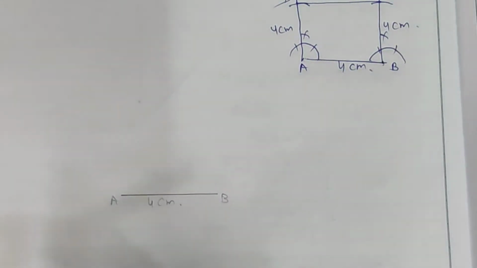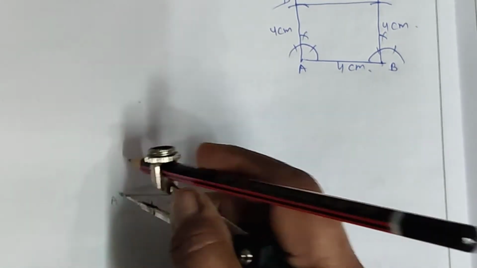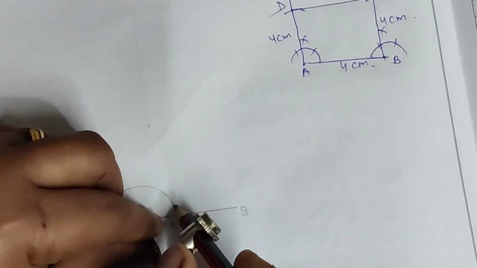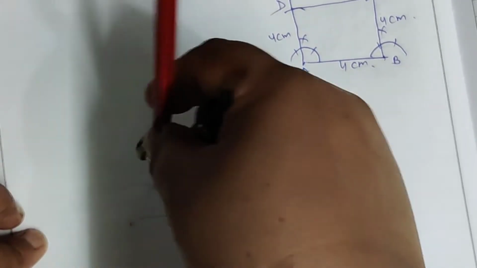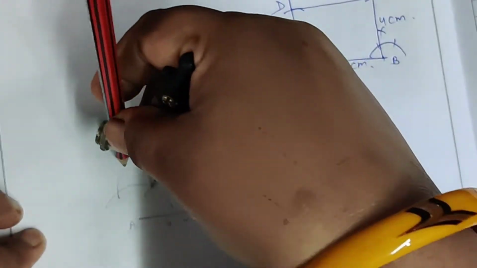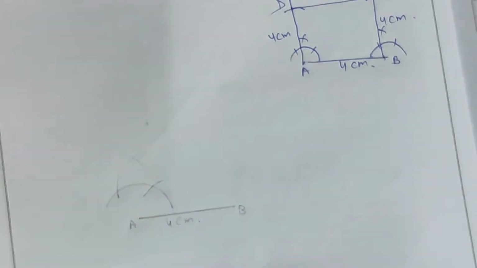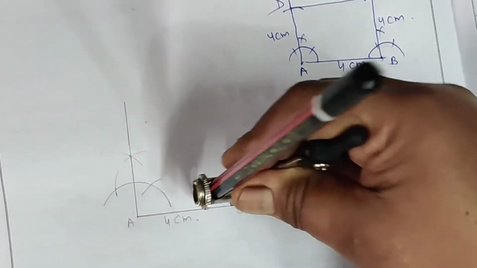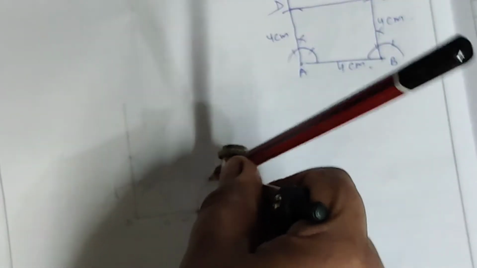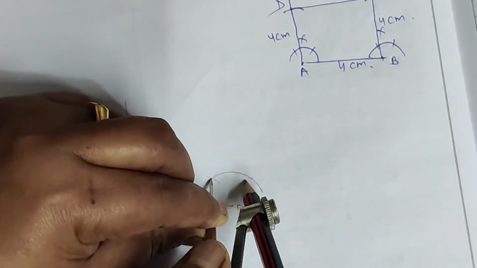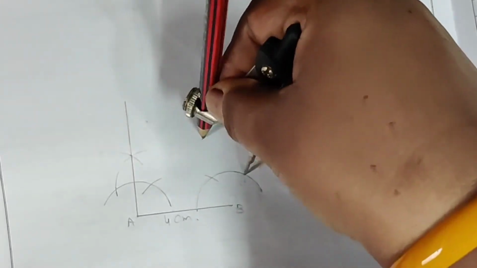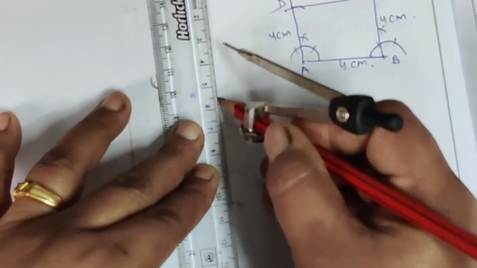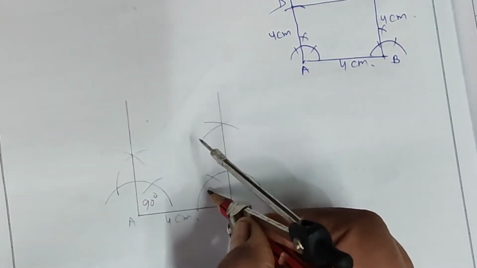Now construct 90 degree angle at A and B. Angle A 90 degree and angle B. This angle equal to 90 degree and angle B equal to 90 degree.